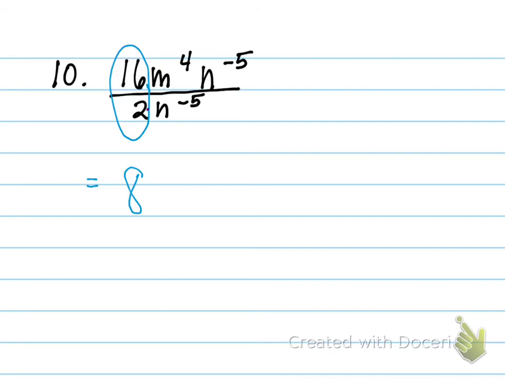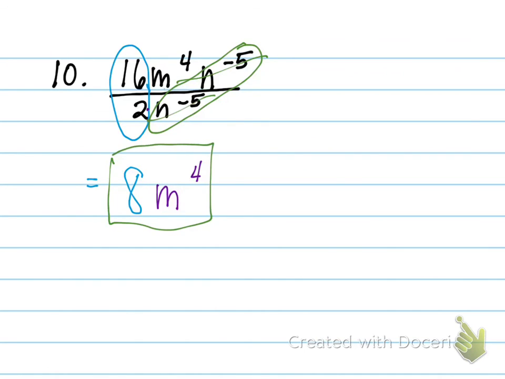So m is kind of by itself. So I'm going to leave that as m to the 4th power. Then I have n's that go together. So n to the negative 5, n to the negative 5. Those actually end up just canceling each other. So my final answer would just be 8m to the 4th power.